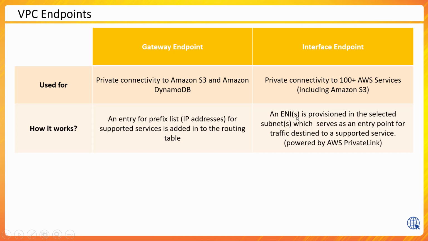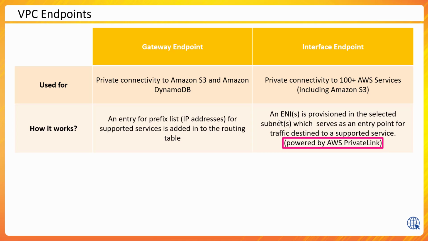In an interface endpoint, an ENI or multiple ENIs are provisioned in the selected subnet, which serve as an entry point for traffic destined to the supported service. Behind the scenes, AWS is using a service called PrivateLink. PrivateLink allows that private connectivity, establishing a link privately from your subnet up to that particular service.